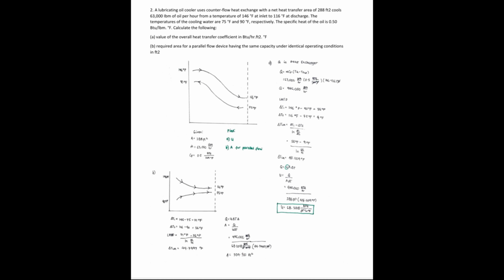Ang gagamitin nating formula dito is Q is equal to U times area times change in temperature. Tapos yung change in temperature dito na tinutukoy is yung log mean temperature difference. Tapos yung area naman is given naman yung area.